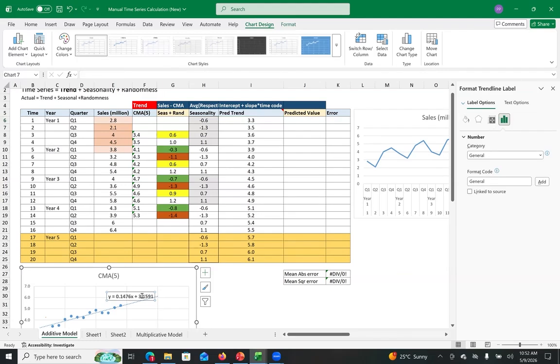Yeah, mx plus c. Right, right. Not exactly chart. In the background, actually, it used linear regression itself. So this is the equation of linear regression. If you take these data points and put them in Python and do a linear regression, you will get exactly the same line. And I will show you as well. When I do it in Python, I will not be making it out of a chart. There I would have to use linear regression, and you will see that I will get exactly the same equation even there. Okay.